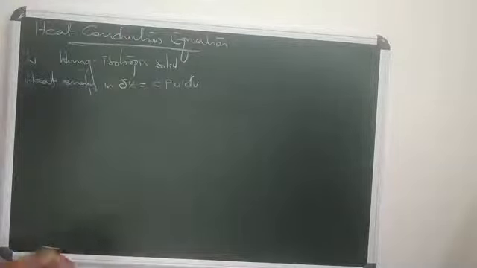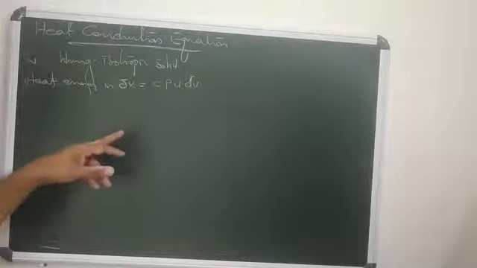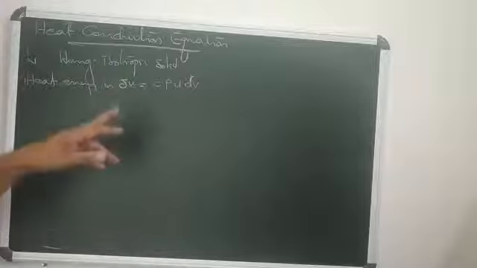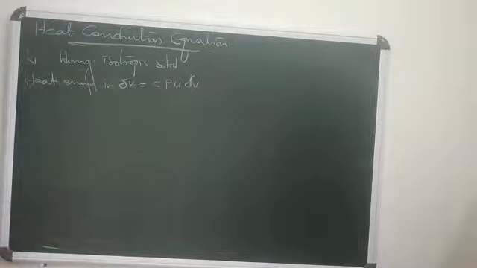C is the specific heat capacity of the solid. Rho is the density of the solid. U is the temperature at time t.